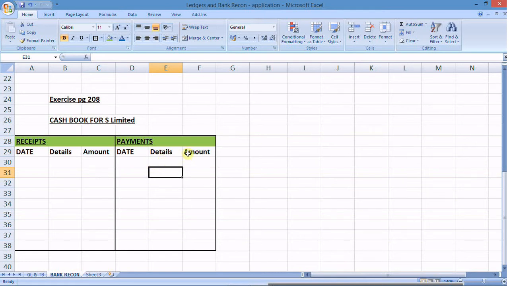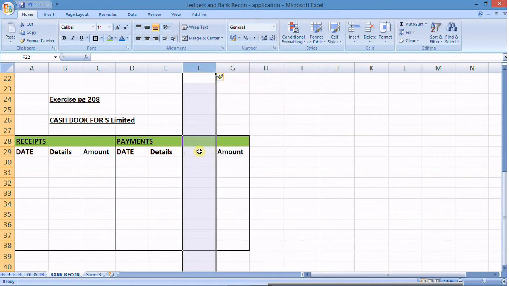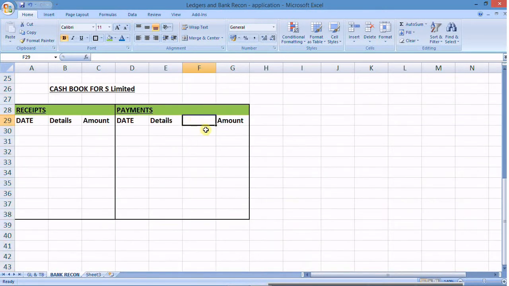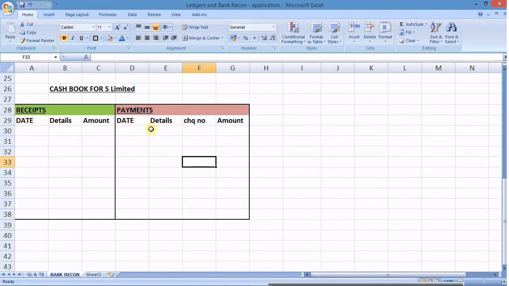They've also put check number as well, so another column. You don't really need that, but it's fine. As long as you've got the amount, that's what you need, really. So payments do what to the bank? Decreases the bank. Exactly.